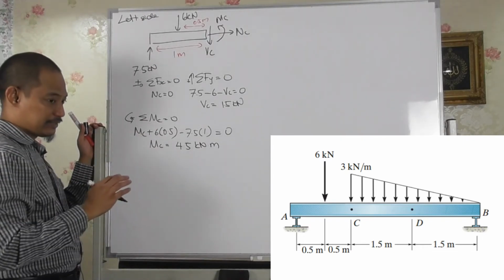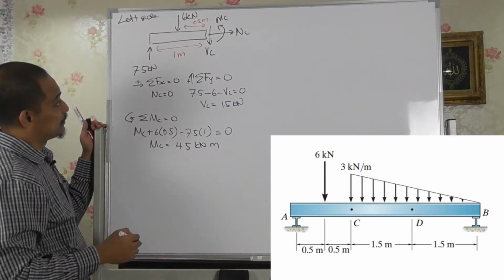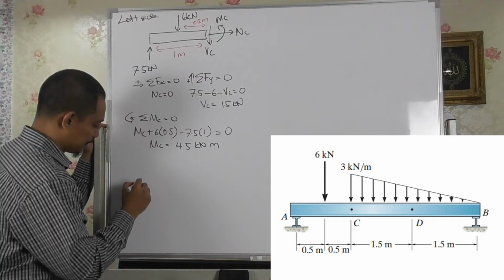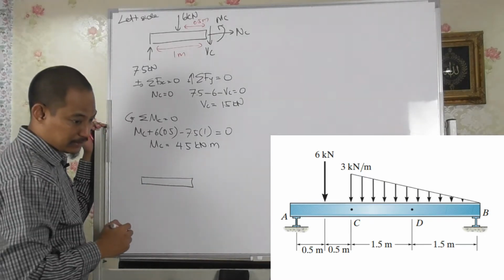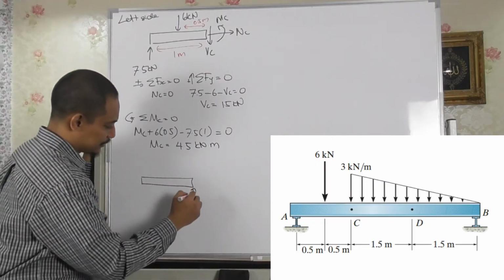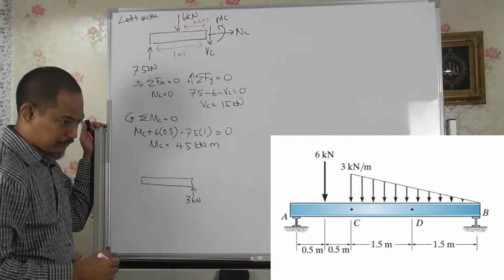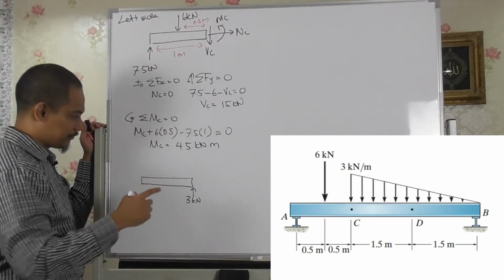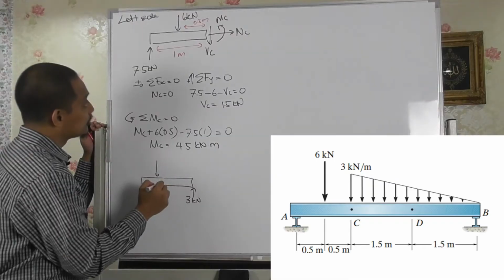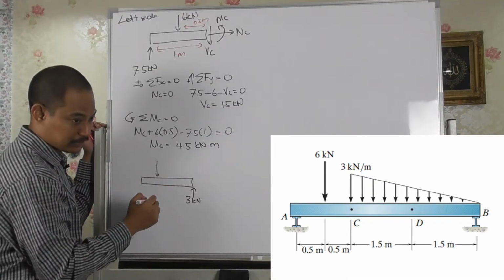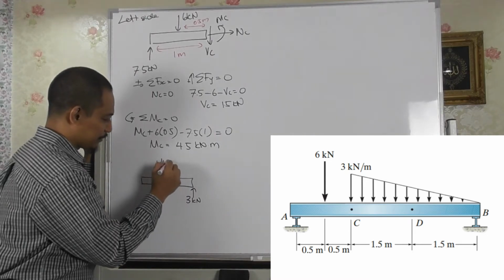Now if you take on the right side, is there enough space? Okay, let's try. So on the right side, By is already calculated at 3 kilonewton, right? And then we have one loading from the triangle, which we already calculated before, half times 3 times 3, which is 4.5 kilonewton.